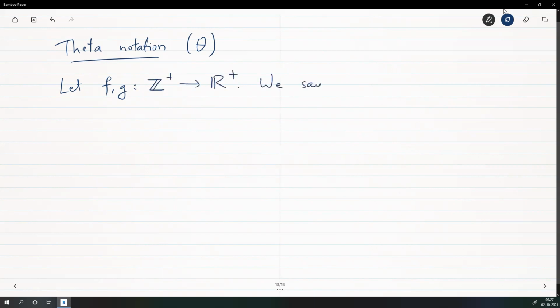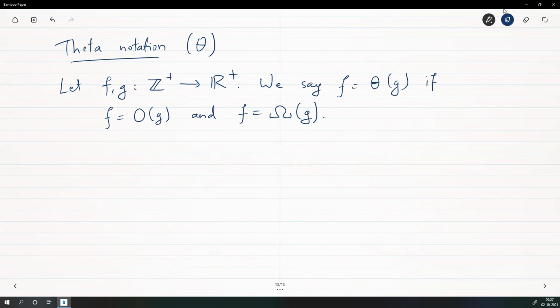We say f is equal to theta g, or f of n is equal to theta g of n, whatever you like, if both big O and big omega hold. f is equal to big O of g and f is equal to big omega of g. Both of these things should hold.